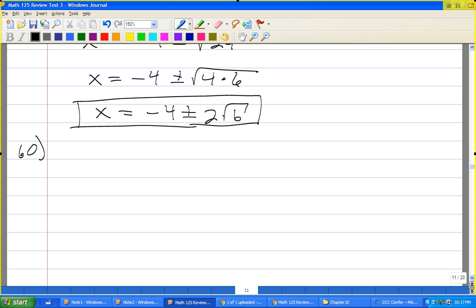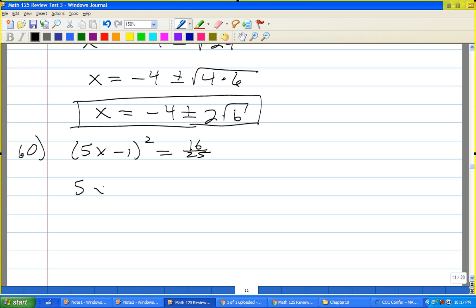5x minus 1 squared is equal to 16 over 25. So let's use the square root property.